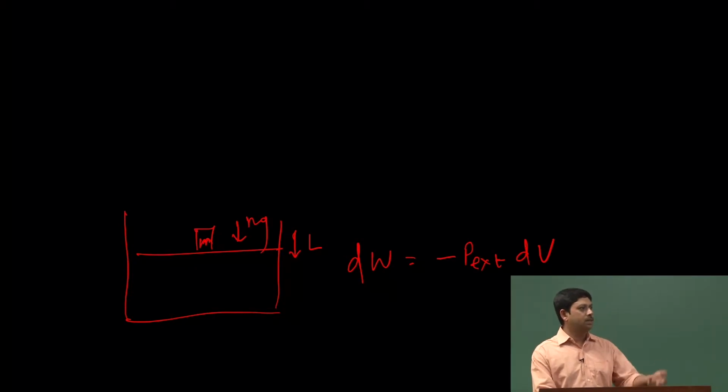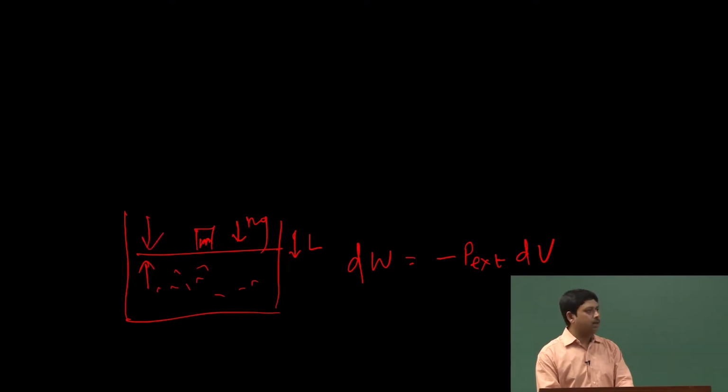Work done on the system means how much the mass is doing work on the gas, right. So, it is the pressure exerted by the mass, which means the external pressure that is under consideration. Right now, when the system is in equilibrium, your internal pressure and external pressure are equal, they are balanced.